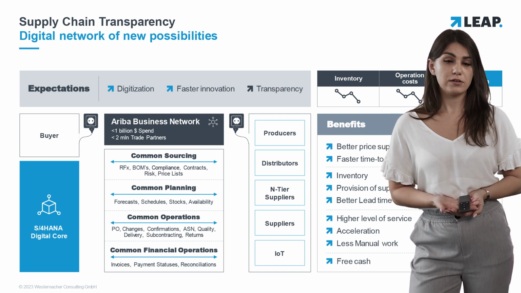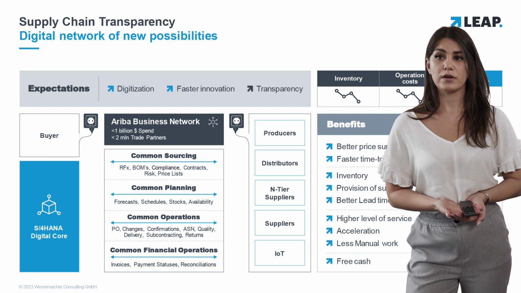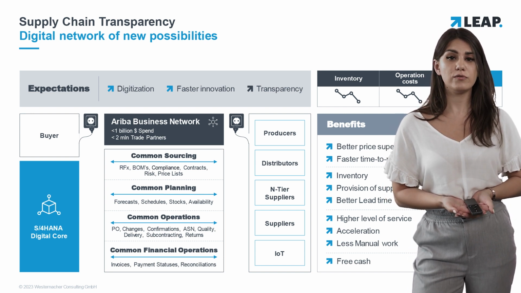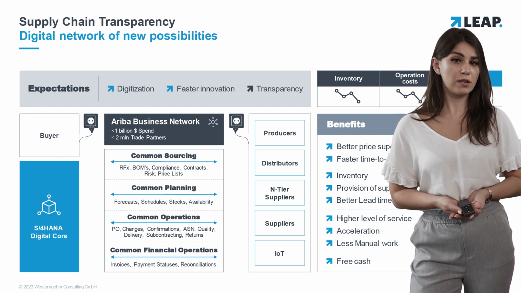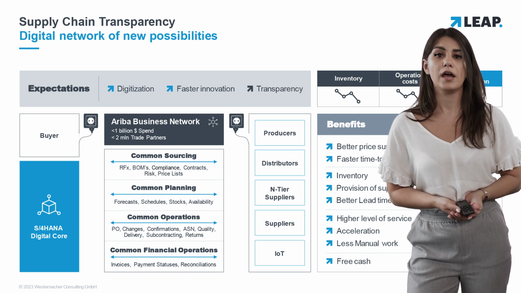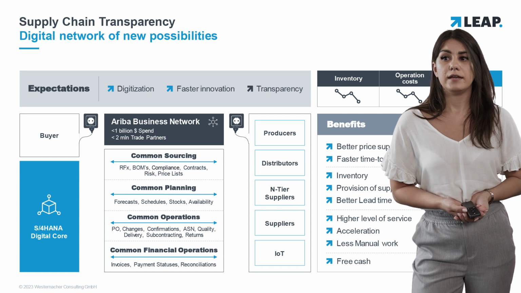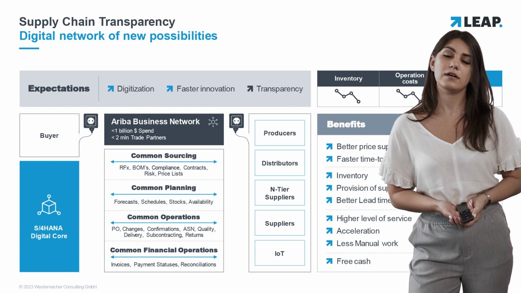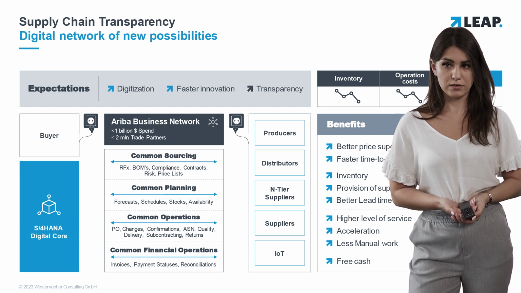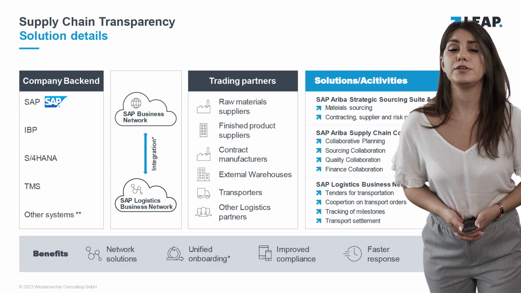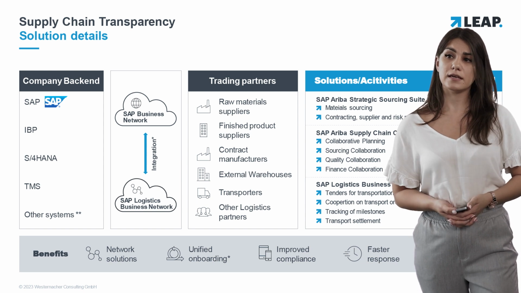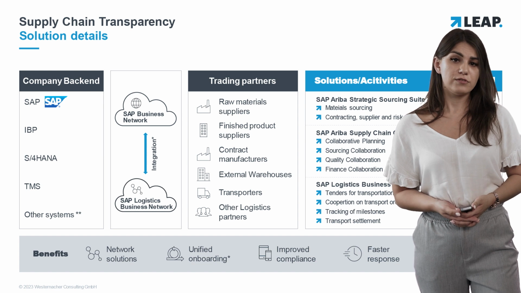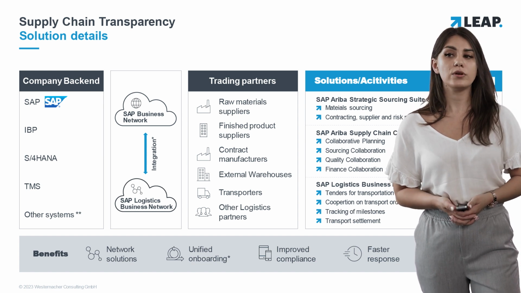So by integrating core systems with the business network, people working on the processes can have the full view of what happened during the collaboration, what was changing, what was agreed, and like this is a complete visibility across all the collaboration with all the trading partners. So as we all know, the ordering process is extended due to the information exchange, like different confirmations are needed and so on.